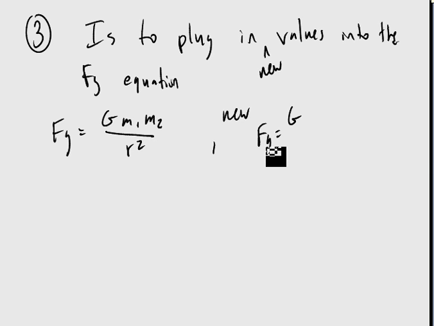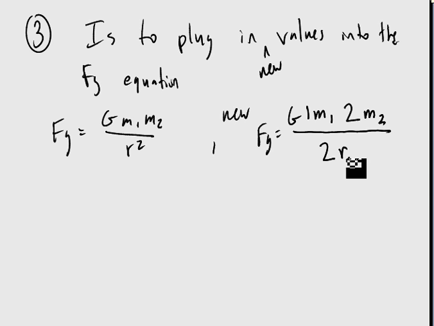right, we had mass 1 was the same, so the new mass 1 was 1 times the old mass 1. The mass 2 was 2 times the old mass 2. And the R was 2 times the old R squared. And now you just have to rearrange these numbers so you get one number in front of something that looks like the old thing.